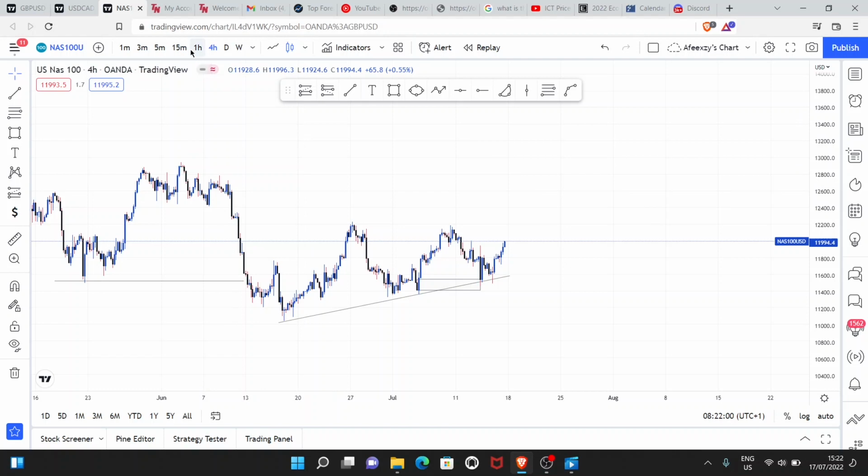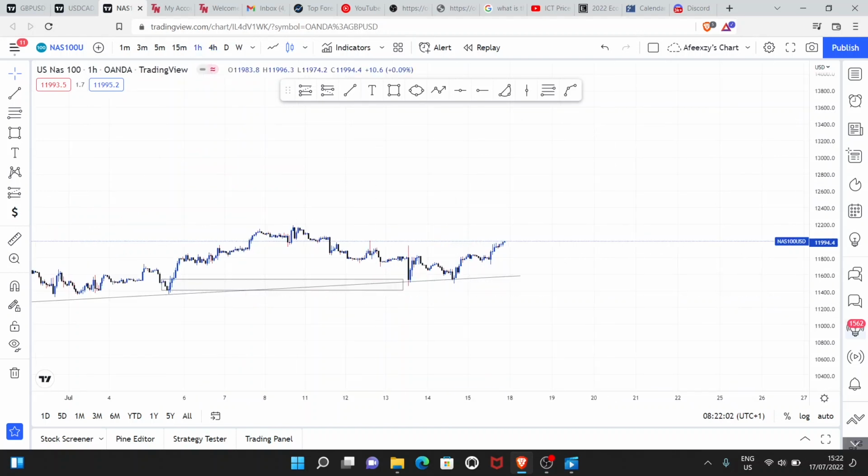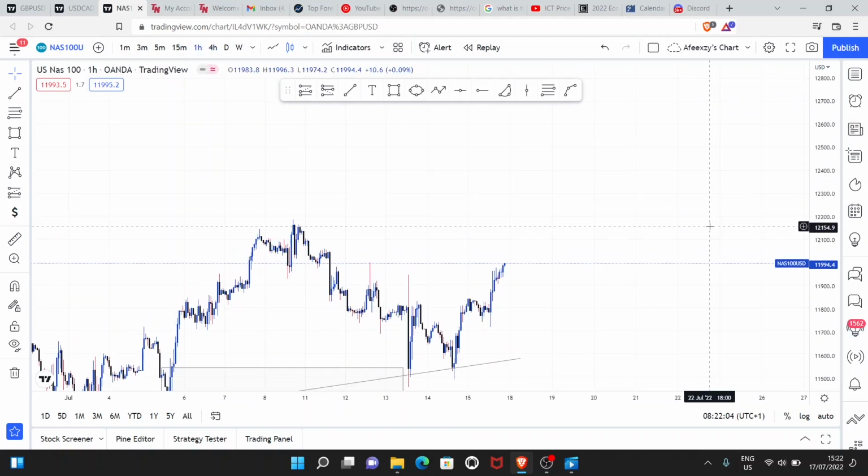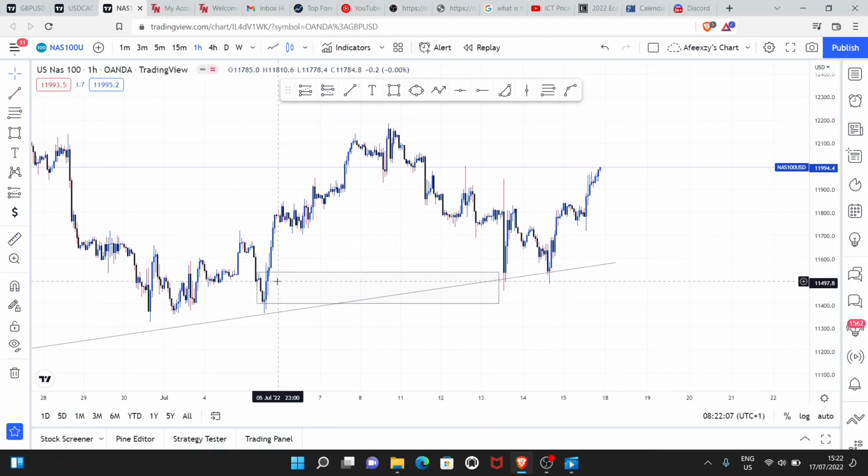On Nasdaq, I can see, okay, here is an order block or demand zone. Some people call it order block, some people call it demand zone. I call it demand zone or order block too.